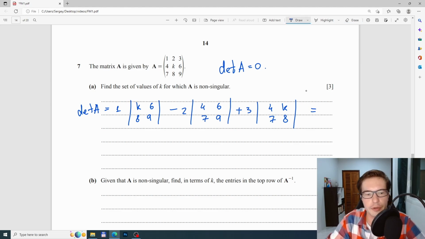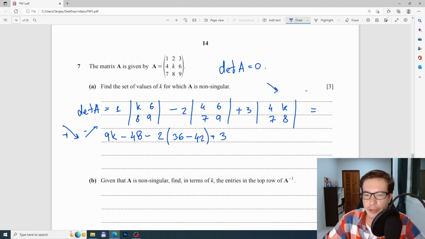Then just keep going. It's going to be 1 times 9k minus 48. If I go in this direction, I take it with a positive sign and I multiply. If I'm going that way, it's always minus. So 9k minus 48 minus 2 times 36 minus 42 plus 3.